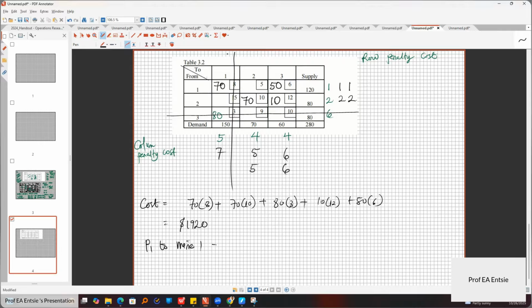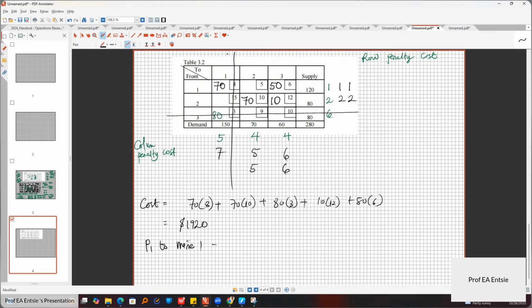Then the quantity for plant 2 to mine 2 is what? 70 tons. Then lastly, from plant 2 to mine 3, that one too is 10 tons of concrete.